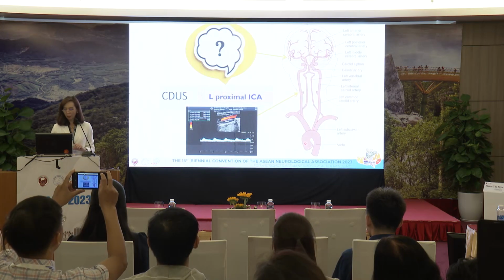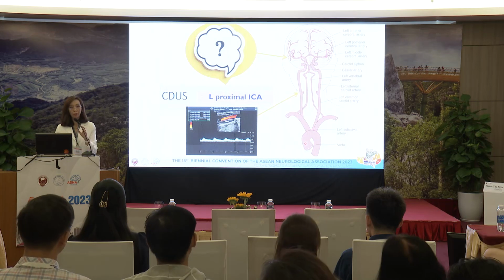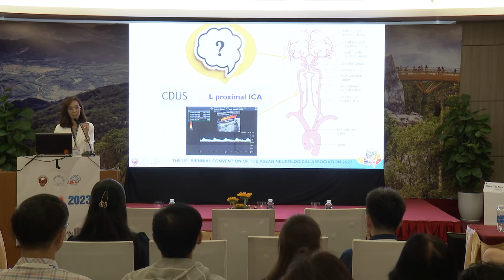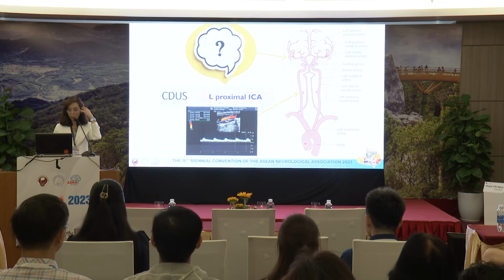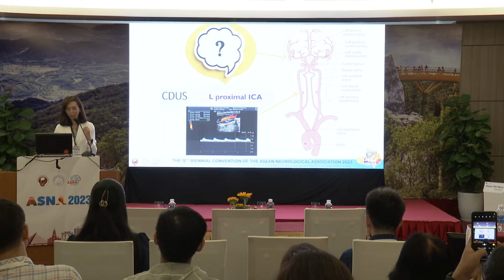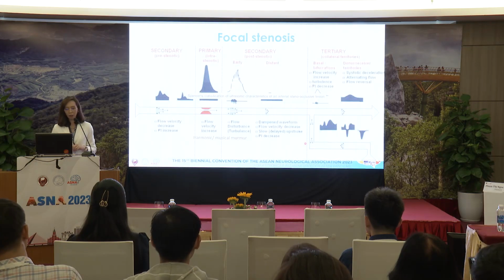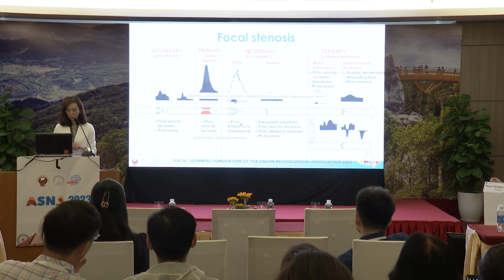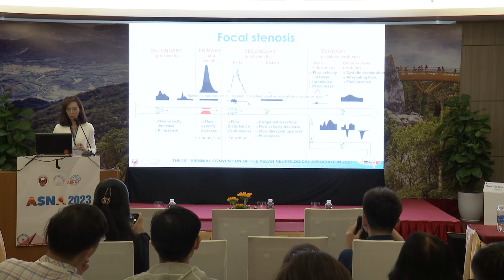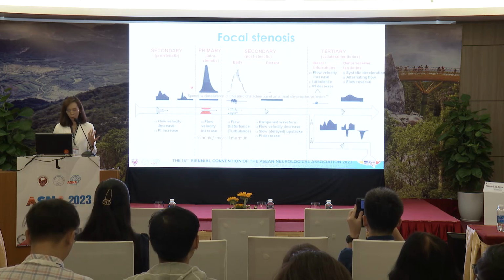So coming back to the patient that we're having, we're thinking that maybe she's having a stenosis of the middle cerebral artery. So we perform TCD. What do we expect to see if she really has a stenosis? If you do TCD for the middle cerebral artery, you will be looking at the MCA like this, right?